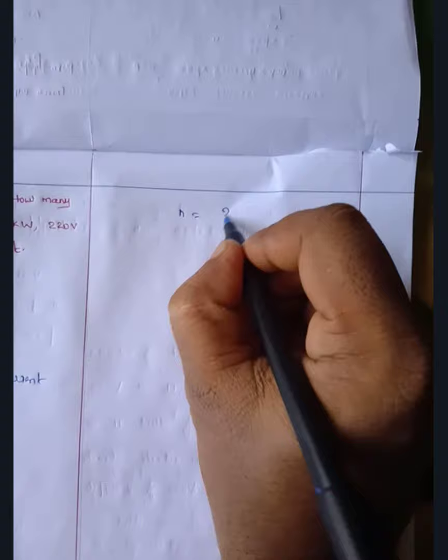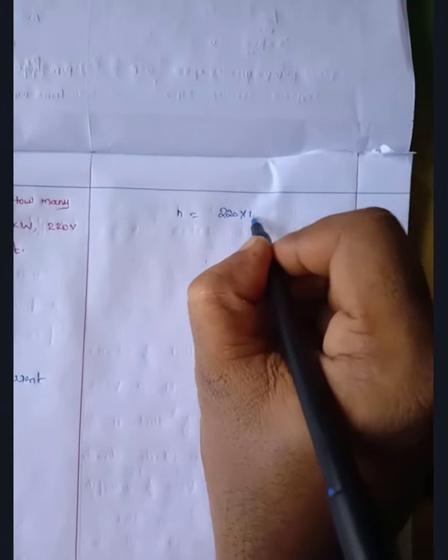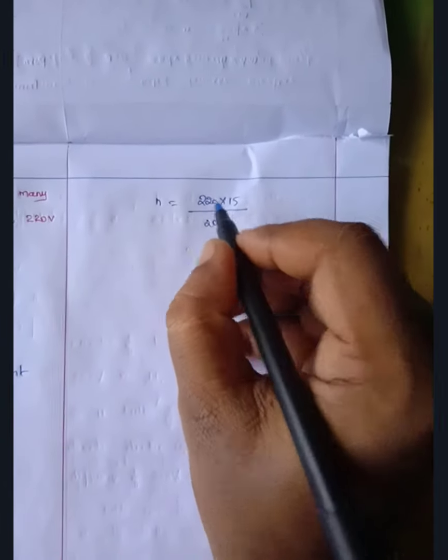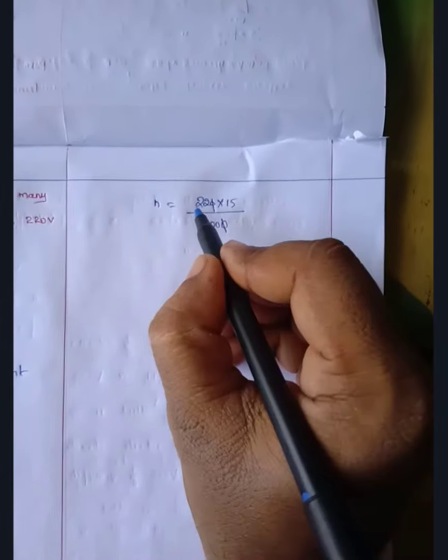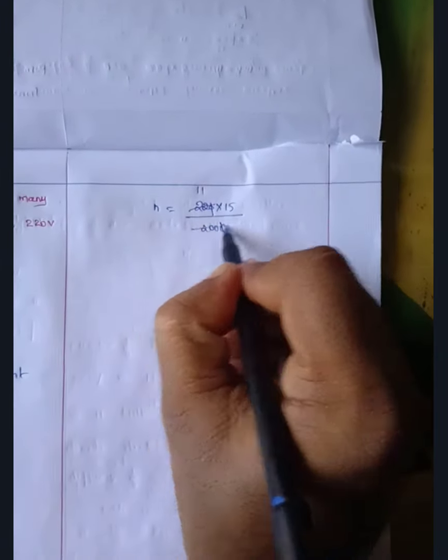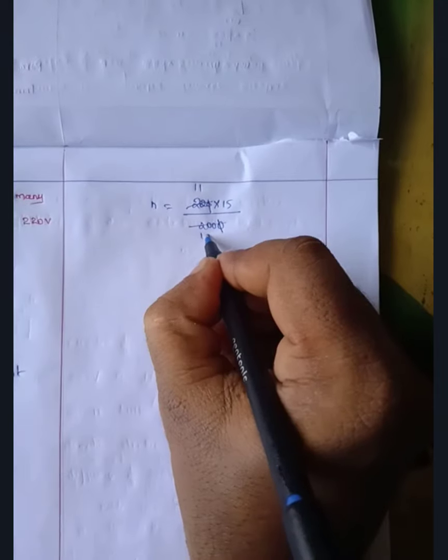Therefore n is equal to 220 into 15 by 2000 watts. Here the zero cancels.